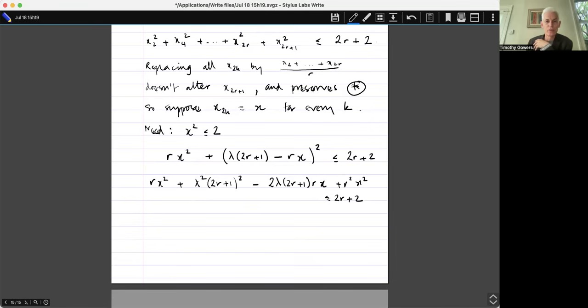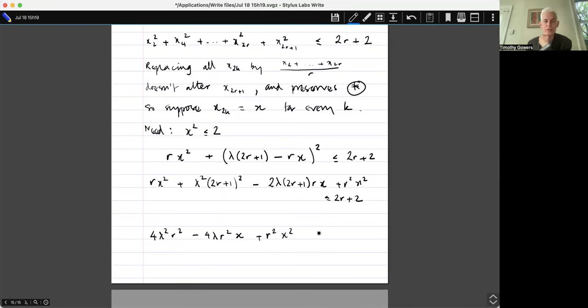So I'll have a 4 lambda squared R squared coming from that 4R squared here. And here I'll have a 4 lambda R squared with an X, plus R squared X squared.